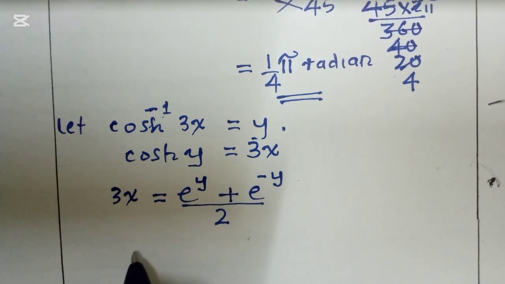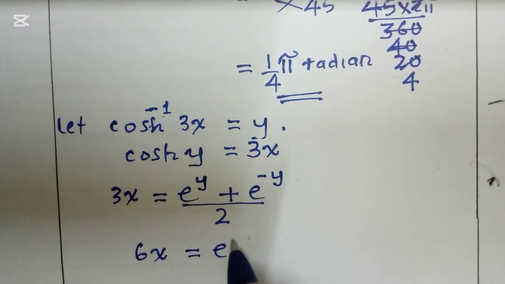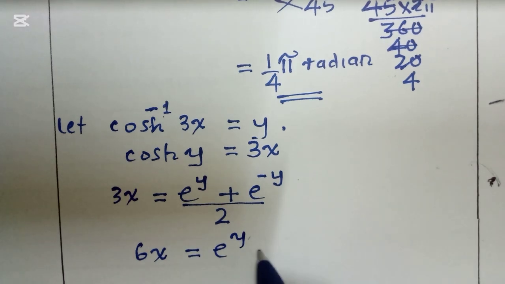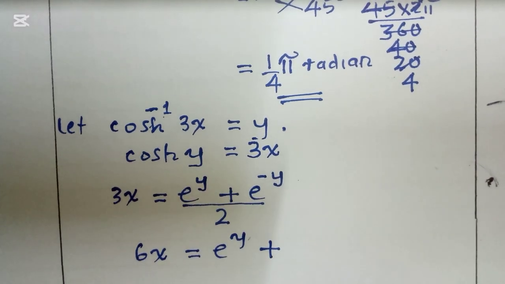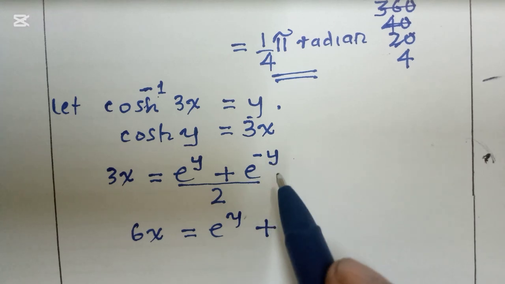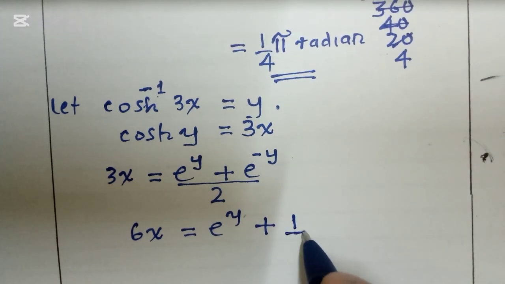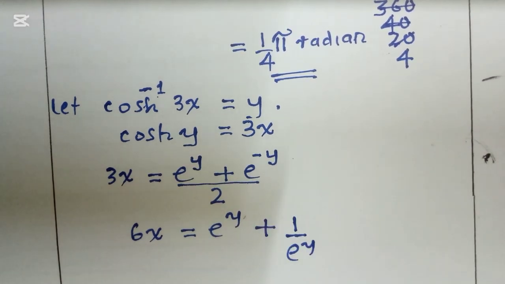So guys, from there we can cross multiply. If we cross multiply, we'll get 6x, which is now equal to e raised to y plus, instead of writing e raised to negative y, I can write 1 over e raised to y using the law of indices, which is the same as that.